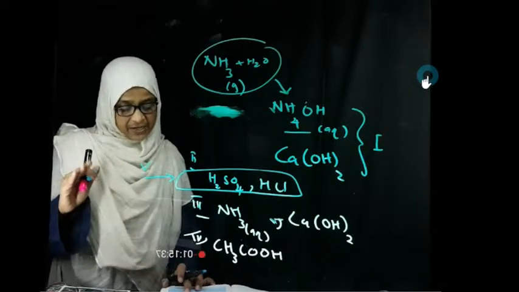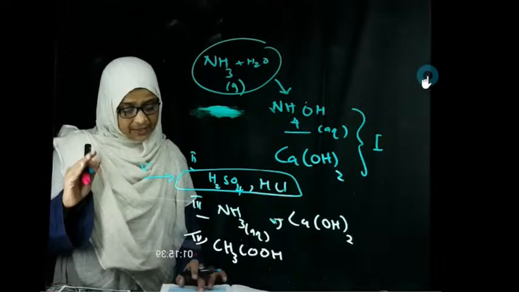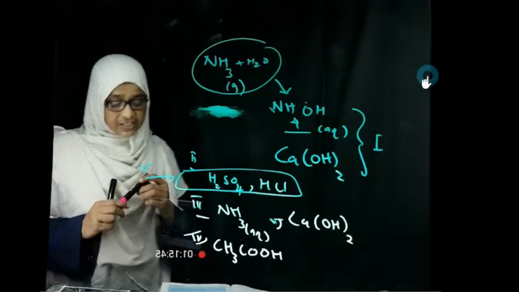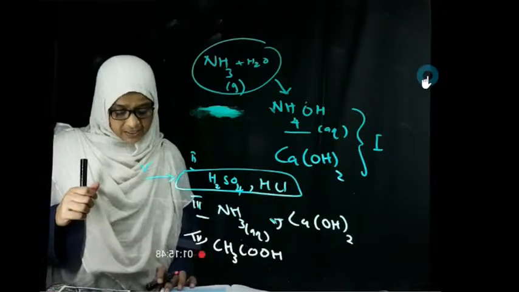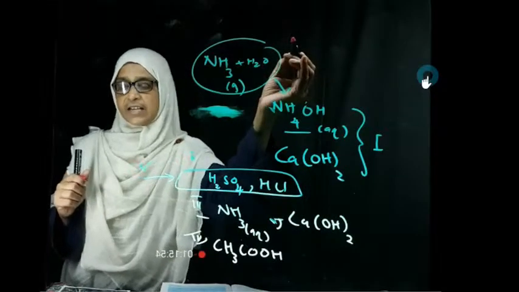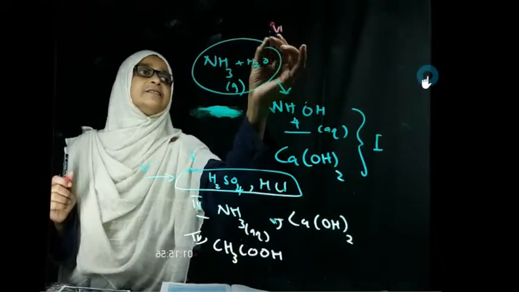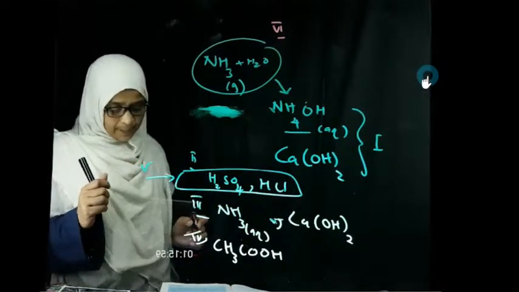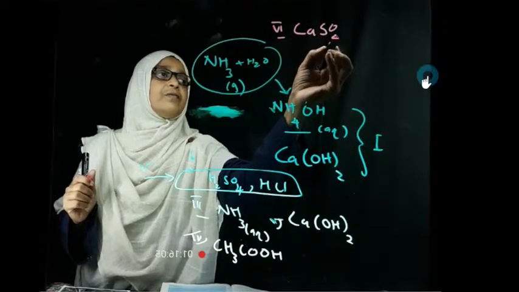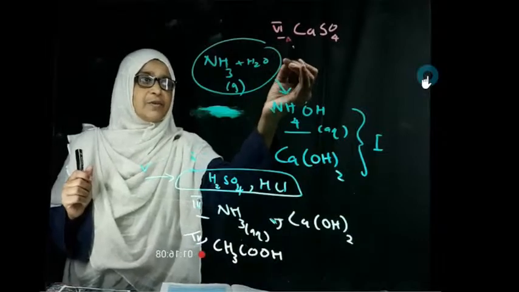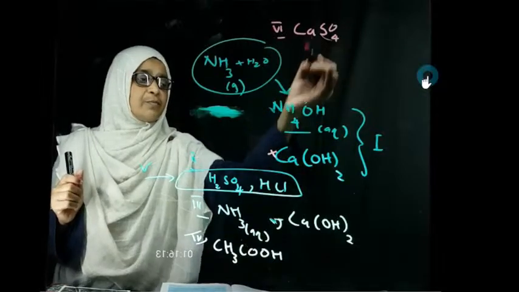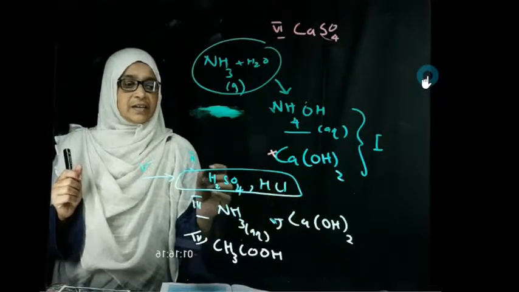Now go to the sixth one. Calcium sulphate salt is formed by the reaction between blank and blank. Okay, calcium sulphate. Here, I am writing the answer for the sixth one. Can you see that? Calcium sulphate, CaSO4. Calcium is from the base and sulphate is from the acid.